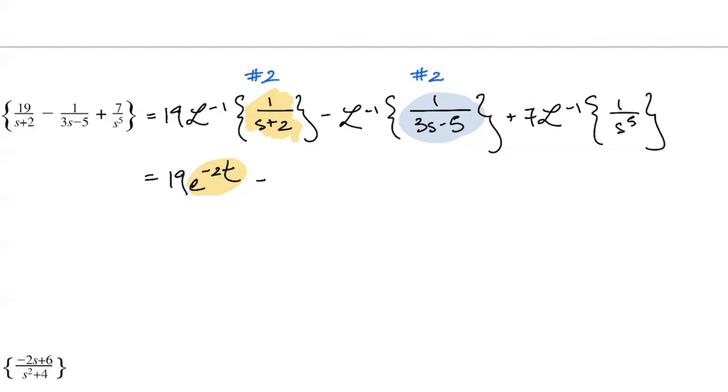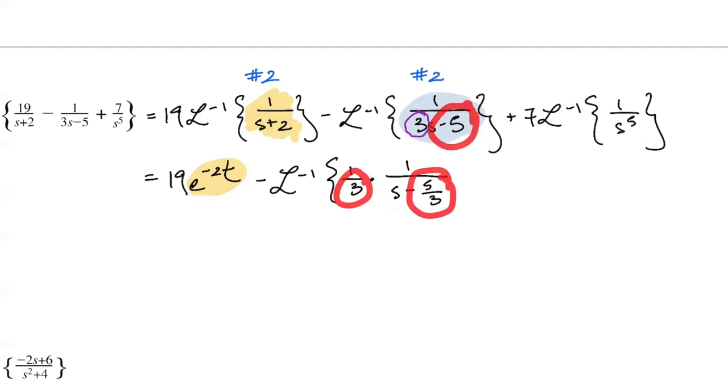So we need to make this coefficient a 1. Let's do a little algebra. I'm going to factor out a 1/3 from that fraction. So 1/3 factored out gives me 1 over s minus 5/3, because if I multiply the 3 into the s, I get 3s, and then 3 times -5/3 gives me -5.